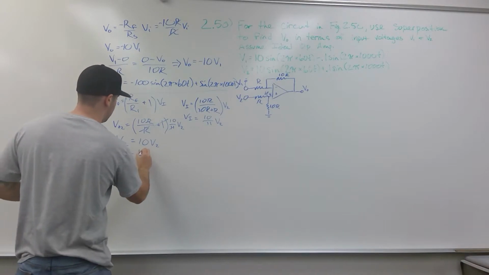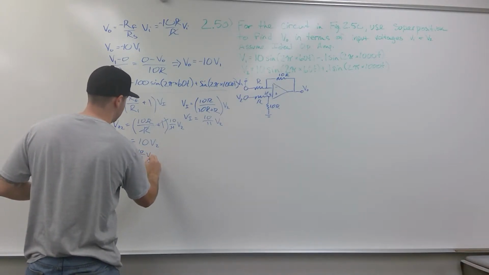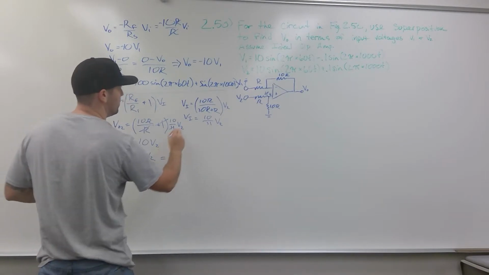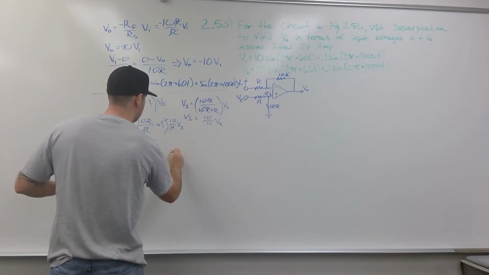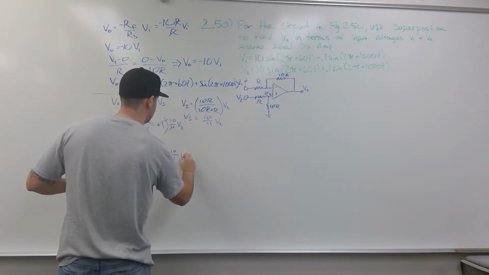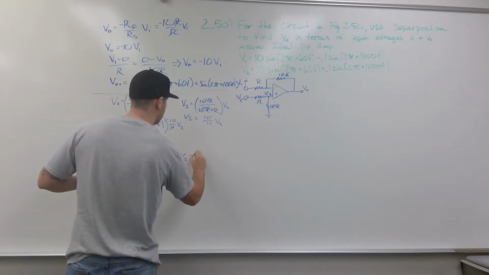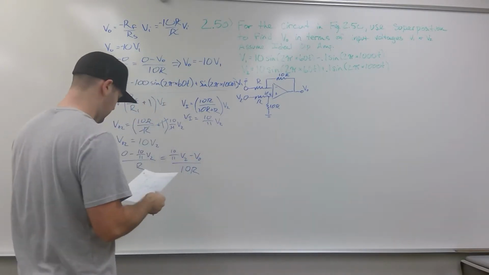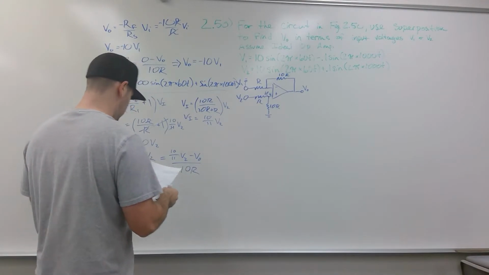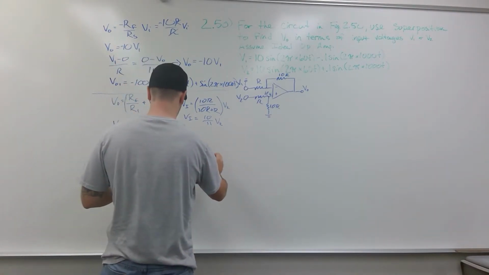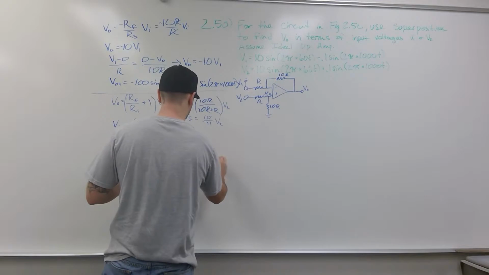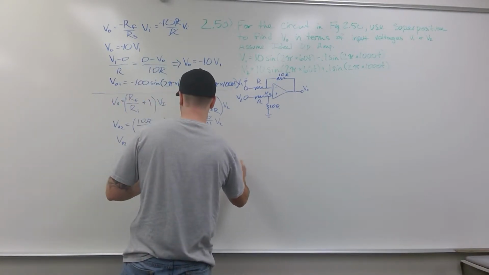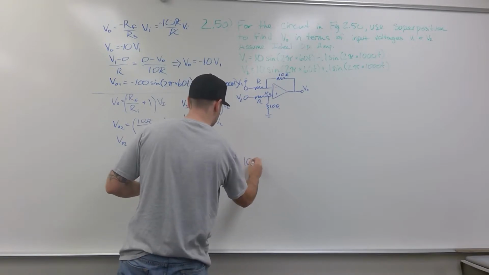So 0 minus 10 over 11 V2 over R is going to be equal to the same current, 10 over 11 V2 minus V out over 10R. And you do some algebra and it ends up working out. So V out 2 equals 10 V2.